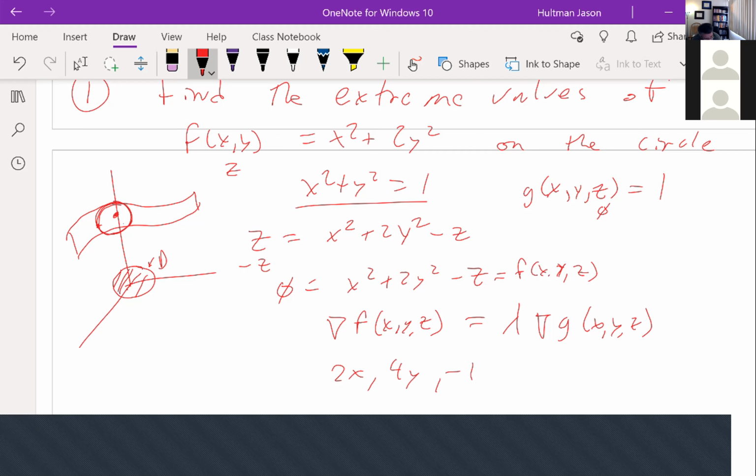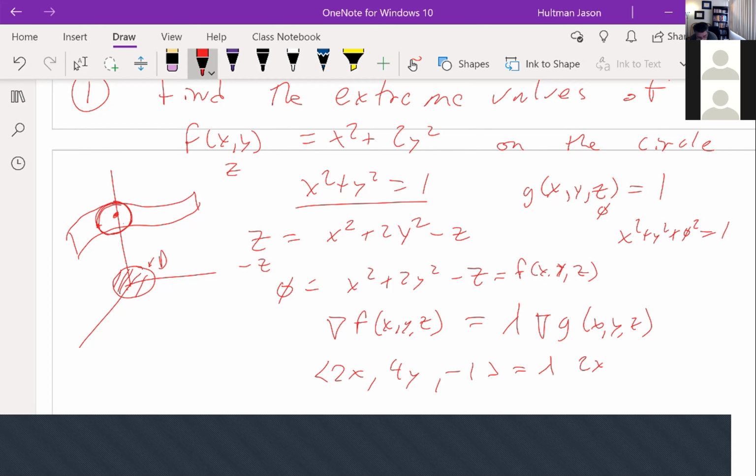And the gradient is a vector, equals lambda times what's the gradient of g here? Well, g is going to be x squared plus y squared plus 0 squared is equal to 1. So what's the derivative with respect to x? It's 2x.